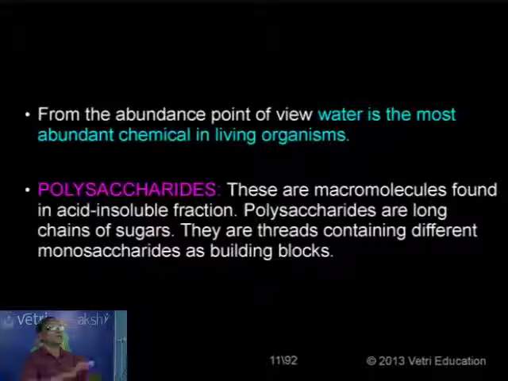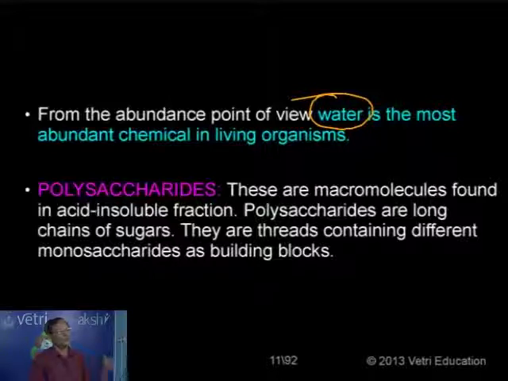Then we consider almost all the different chemicals, the biochemicals, for example, carbohydrates, proteins, fats, etc., including the inorganic substances. Of all these, the most abundant chemical found in living organisms is none other than water. Water is the most abundant chemical; nearly 92% of cytoplasm is water.